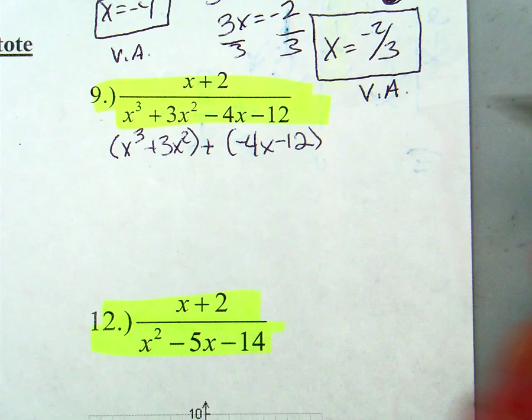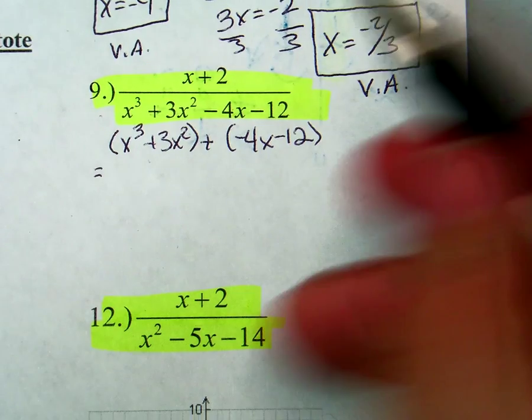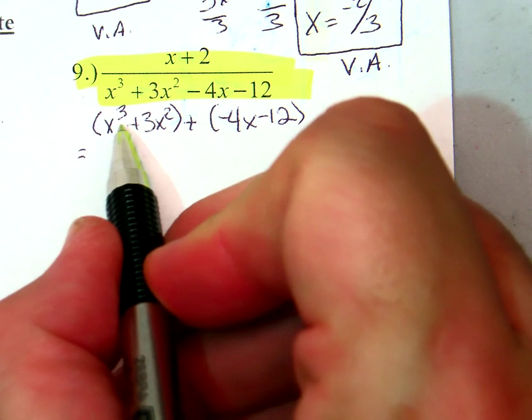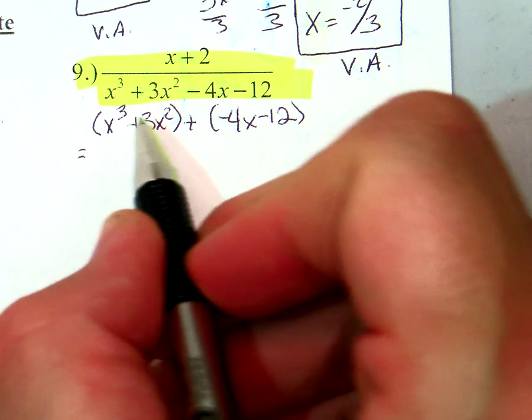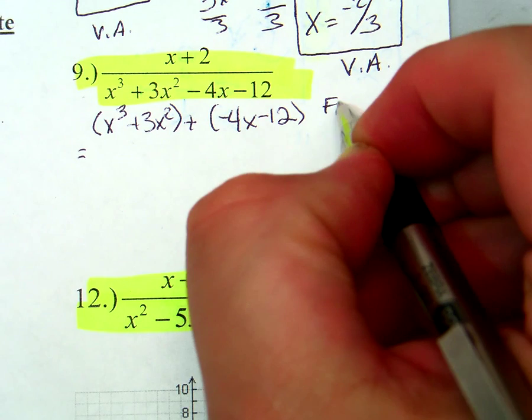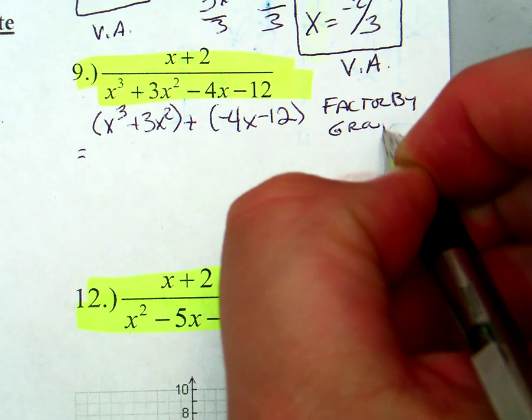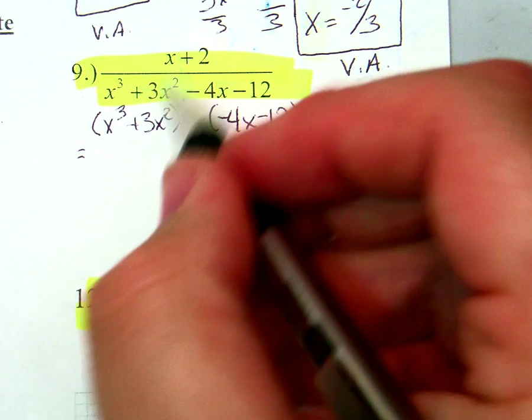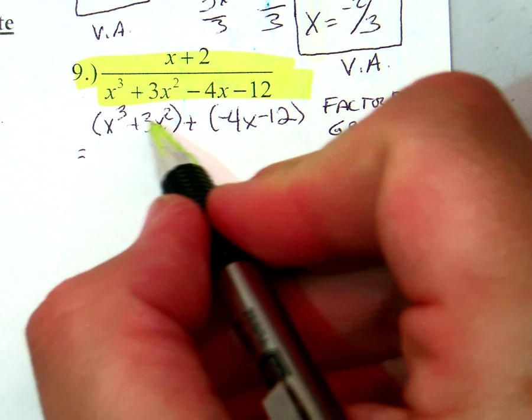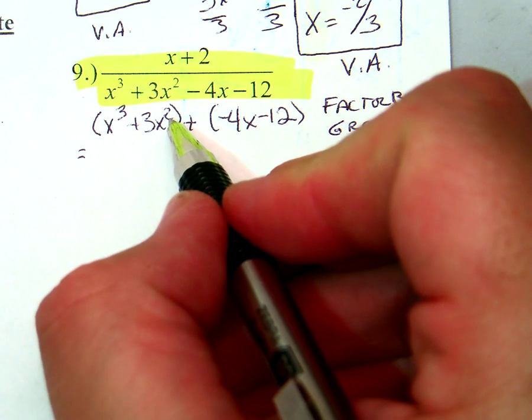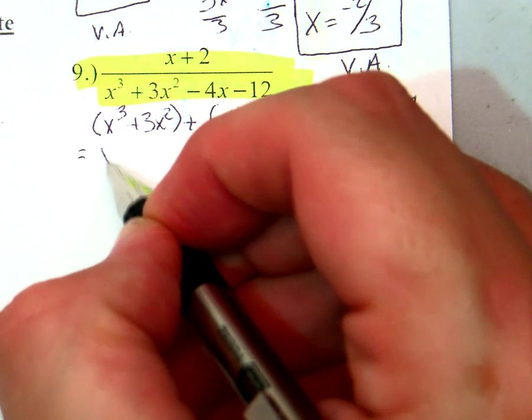Now, what is the common factor of the first group? For the number it's a 1, but I have an x cubed and an x squared. Which one comes out? X squared, the smallest power. So that's x plus 3.